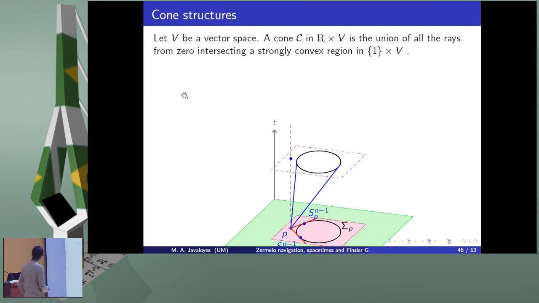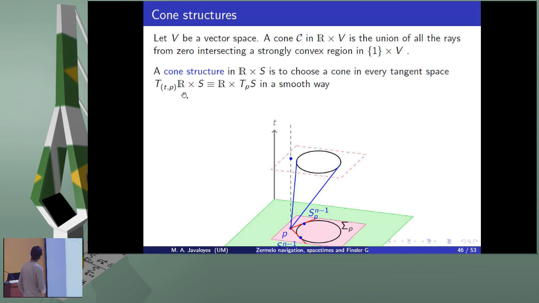Why? Because basically what we need is to consider the intersection of all the rays from the origin to a strongly convex surface, for example, in this region here.